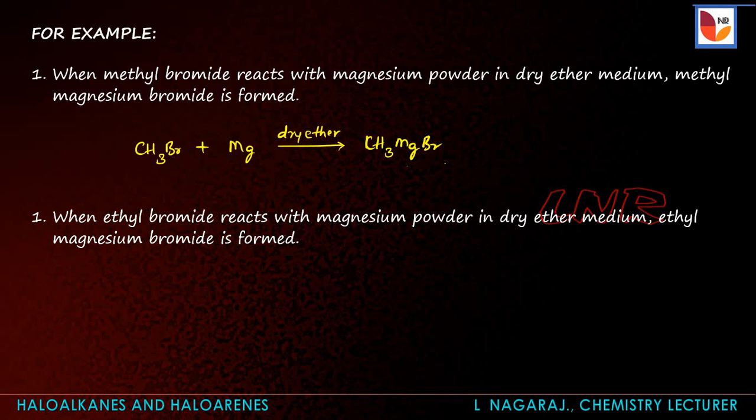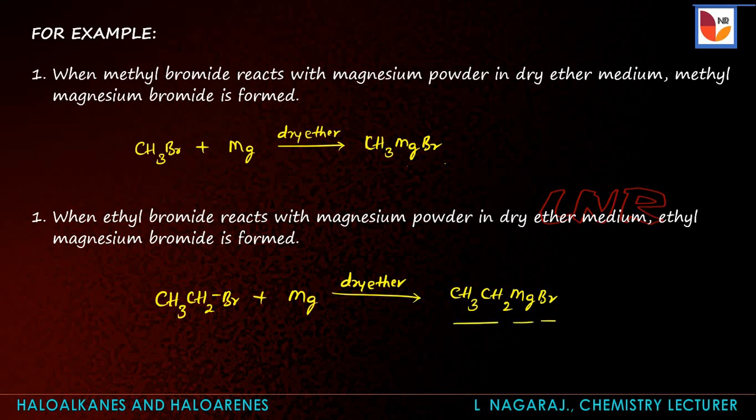And when ethyl bromide, CH3CH2Br, reacts with magnesium powder in the presence of dry ether, the obtained compound is CH3CH2MgBr. So it is called ethyl magnesium bromide.